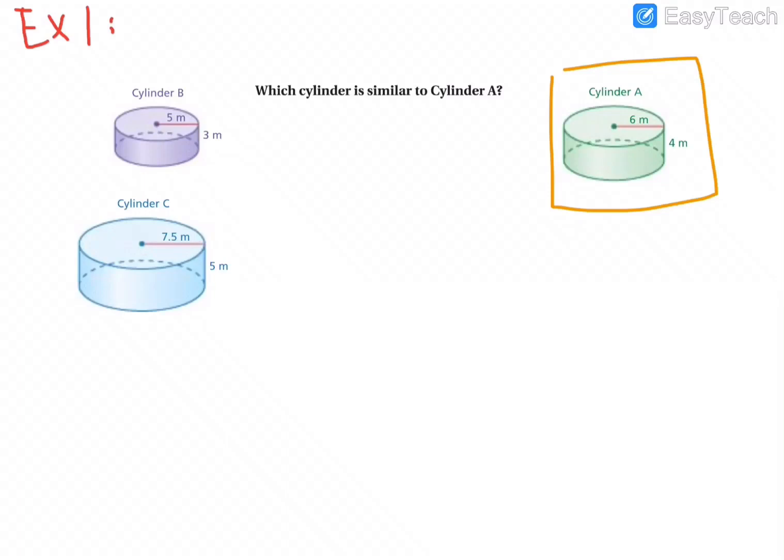So we'll simply set up a ratio. It doesn't matter which one you put in the numerator or denominator, so I'm just going to do radius over height. So for cylinder A, my radius is 6, my height is 4. And I'm going to compare that to B. So in B, the radius is 5 and the height is 3.